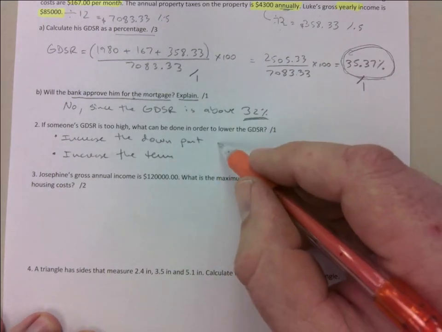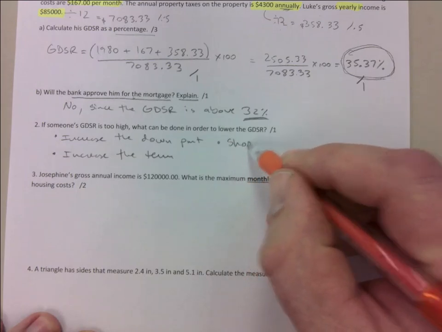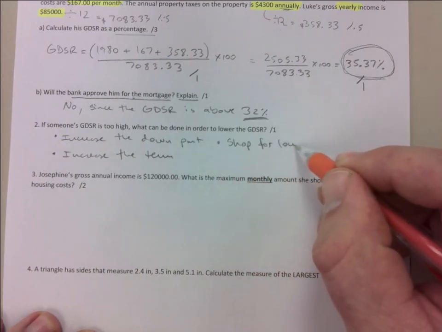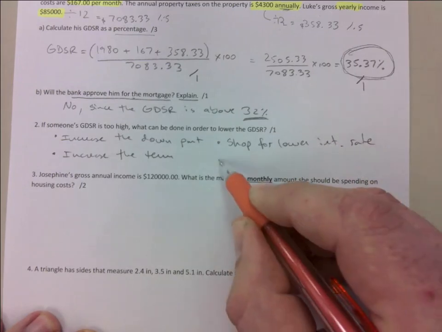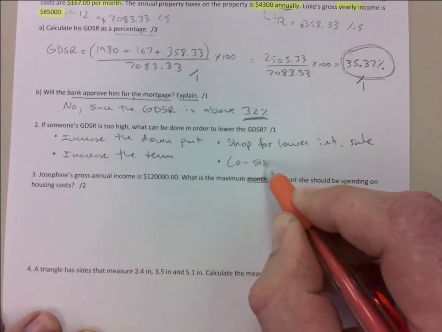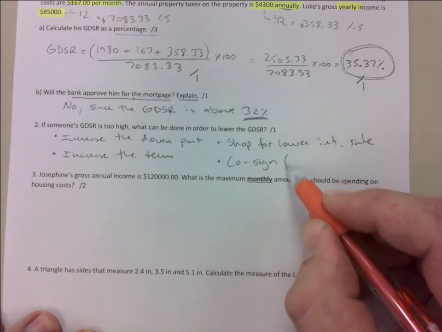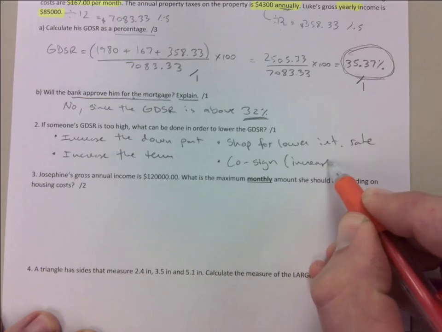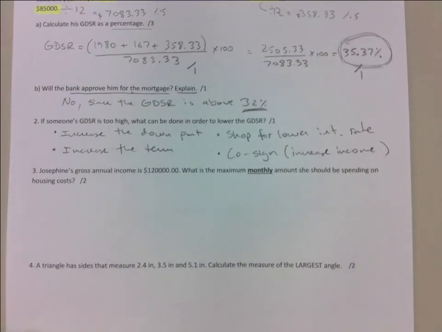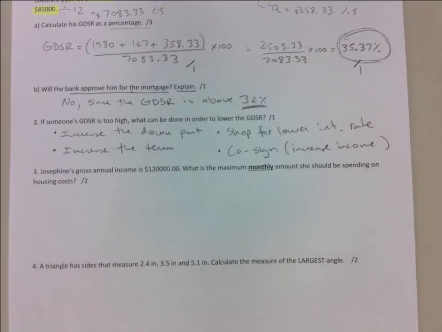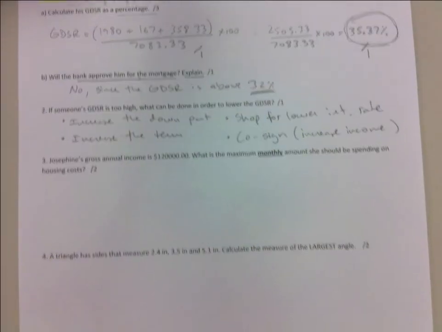Shop for a lower interest rate. And maybe cosign. I'm not a big fan of this one, but cosign to increase income. If you can somehow increase the amount that they're considering as your income, that would also work out for you.